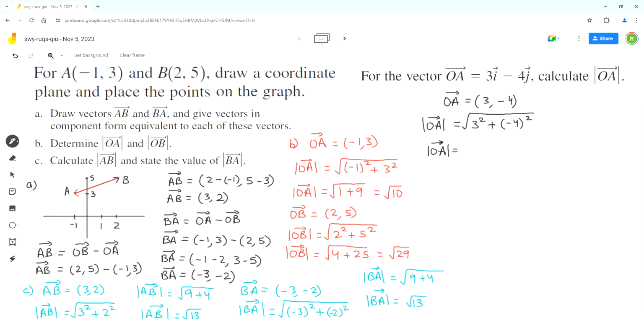So 3 squared is 9, negative 4 squared is equal to 16, so this should be the final answer for the second problem. So these are the steps you have to keep in mind to solve a problem like this one.